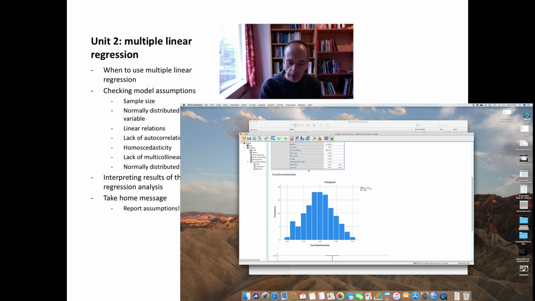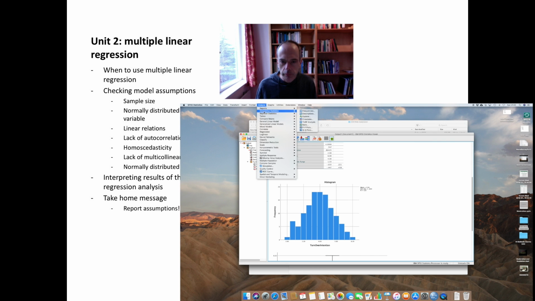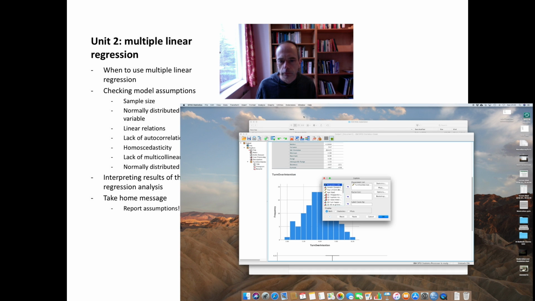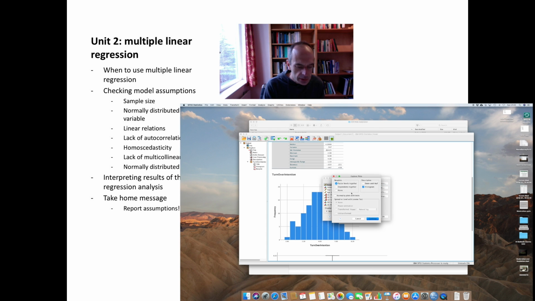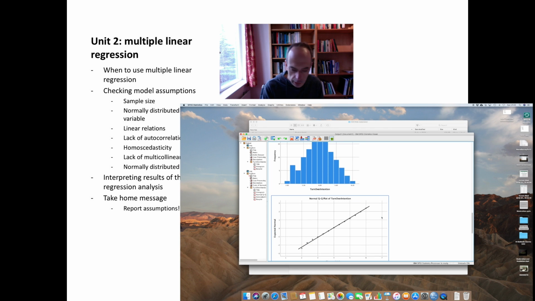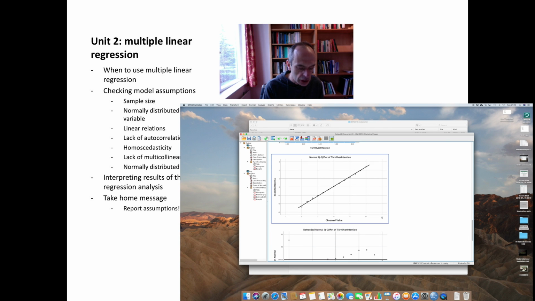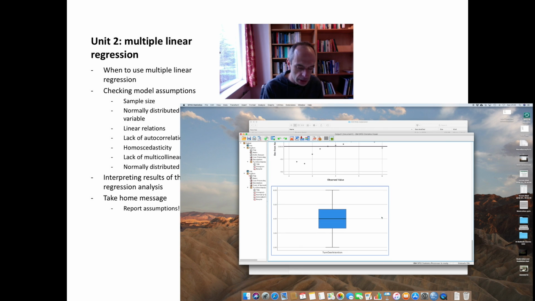There is, however, a measure which we can use. And it is called the Shapiro-Wilk test. And the Shapiro-Wilk test has a value of 1 if the variable is perfectly normally distributed.